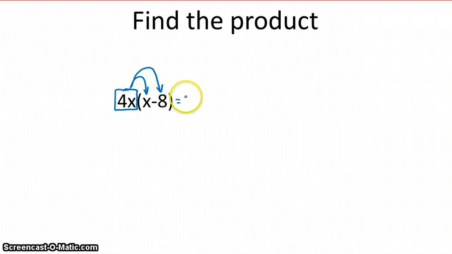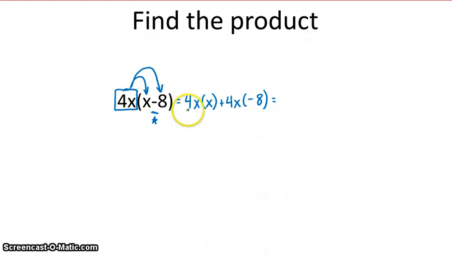So again, I would have 4x times x. Again, we have to be extra careful with the negative sign, but I'd have plus the 4x times the negative 8. Again, just be careful with your negatives.